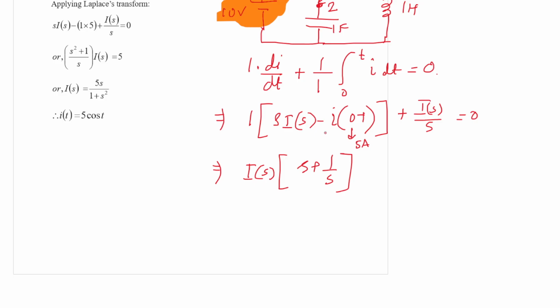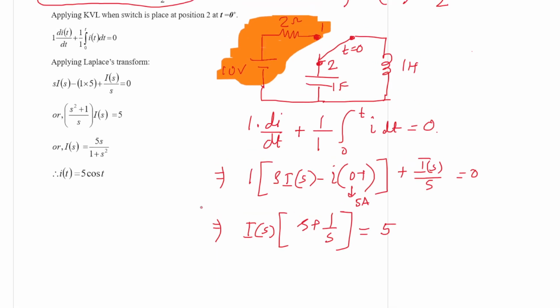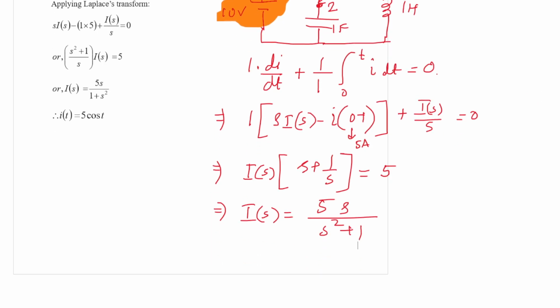So let us take this 5 ampere at the right hand side. So it will become 5. So I(s) becomes nothing but 5s over s square plus 1. So now this is a very well known form. You should all have known this form. s by s square plus 1, you know, if you come across this form, it is the Laplace transform of cosine.